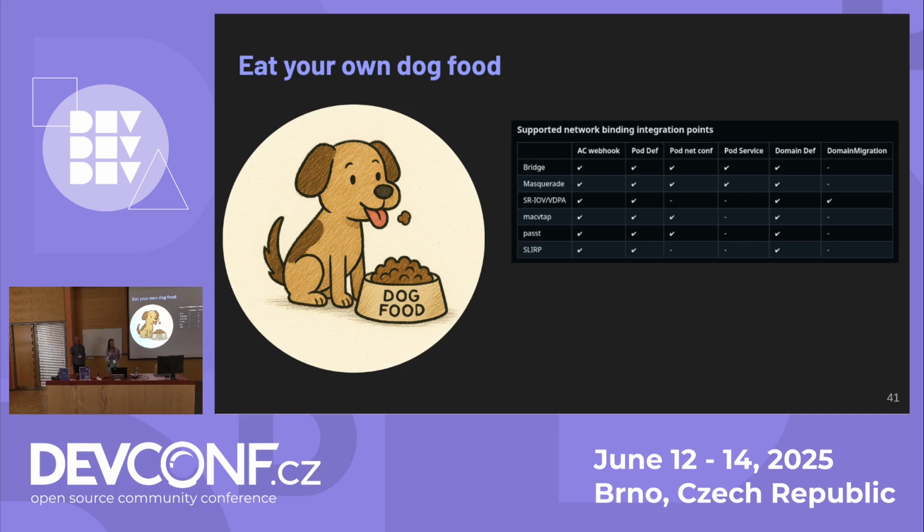So first of all, we cleaned the core code. We removed a lot of bindings from it. Secondly, we had a big library of examples of how to implement a plugin. And the third, and maybe the most important, is that we proved to ourselves that our new architecture is working, and we actually can create with it different kinds of network bindings.